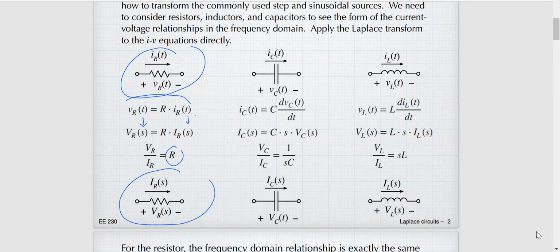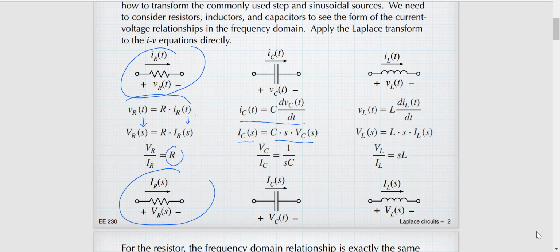If we have another passive component like the capacitor, the capacitor current in the time domain is C dVc per dt, the differential of the capacitor voltage per time. If we transform the differential to the S domain, we get that Ic in the S domain is C S Vc(S). This is the Laplace transform of the differential.